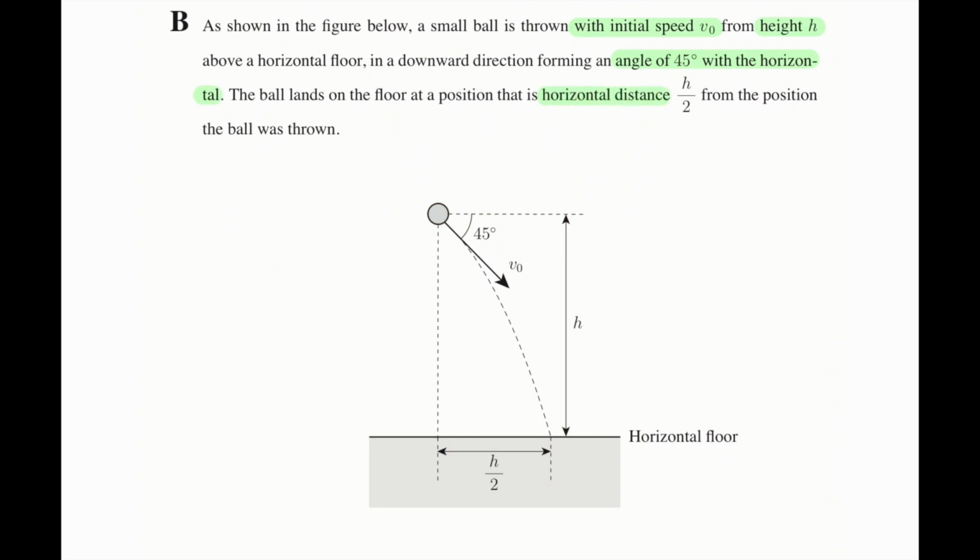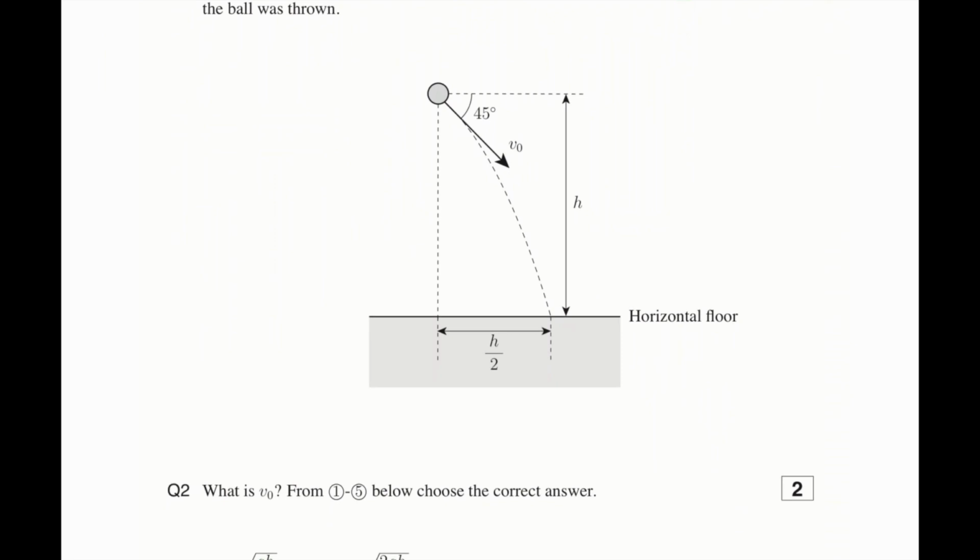So after we throw the ball, it will land here with a horizontal distance h over 2. And then the question is, what is V0? We want to find the initial speed of the ball.